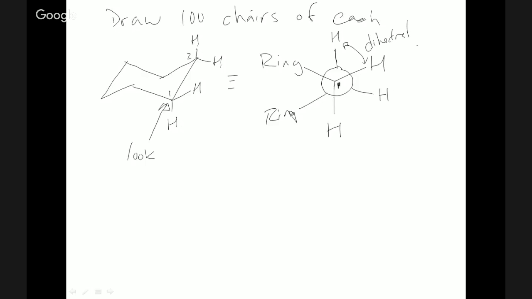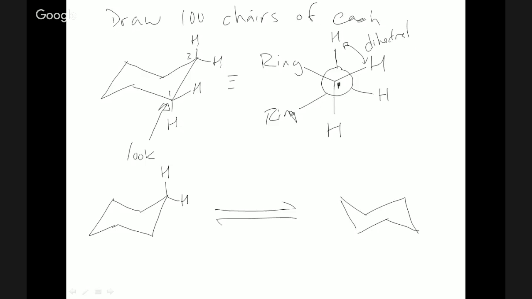So I'm going to redraw the same chair down here. And this undergoes conformational equilibrium. I'm going to put in every hydrogen. That means it's out front. That's back in the back. This is 3-dimensionality. Okay? These are called axial.